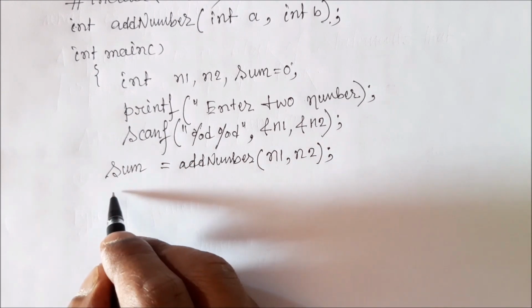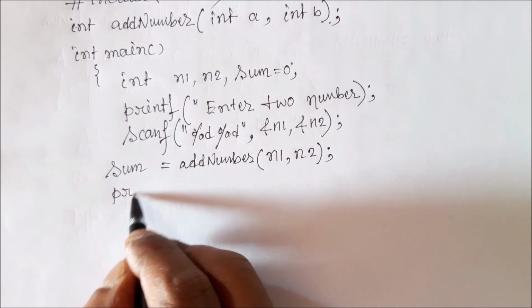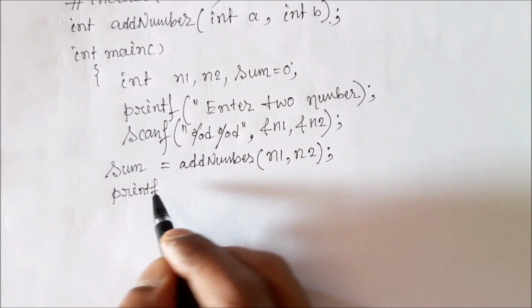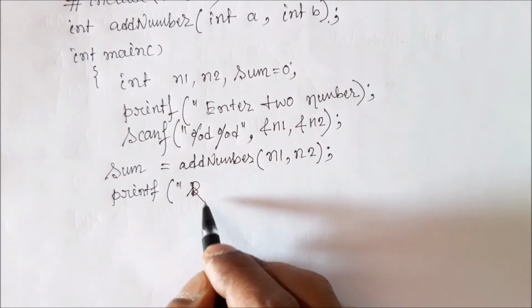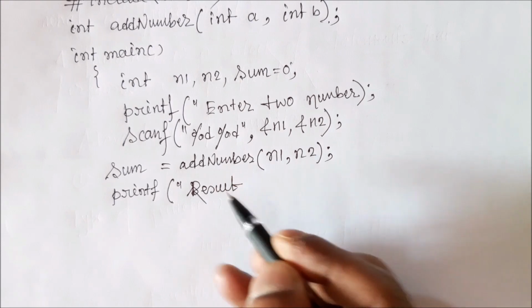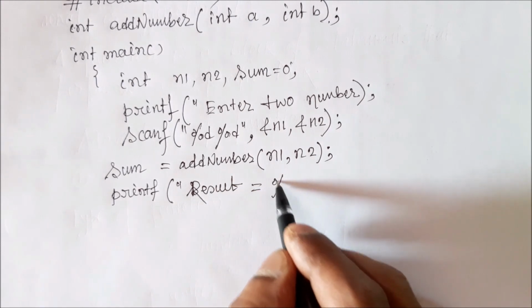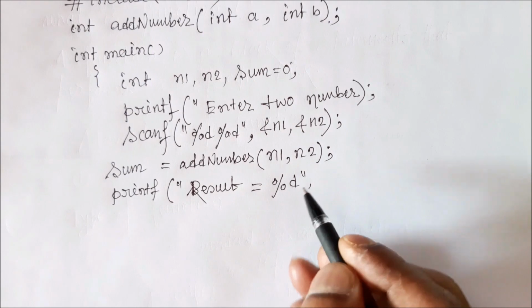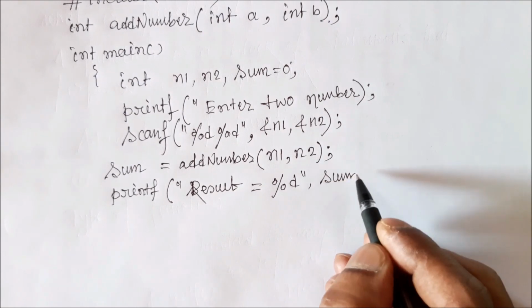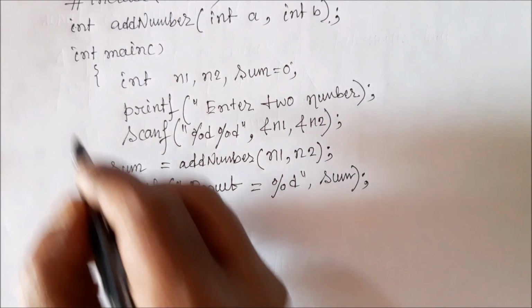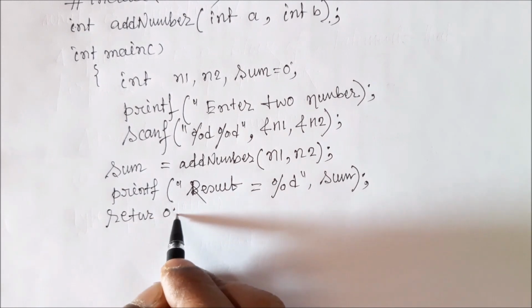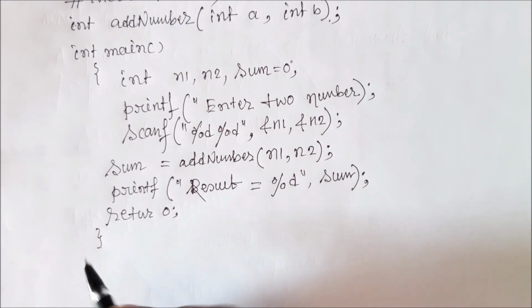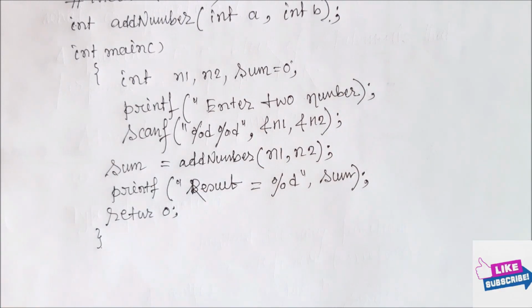Okay. Then I will print the result, printf sum equal to, or you can write result equal to sum, then return 0. Then we have to write this function.